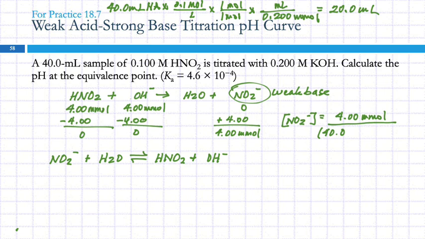40 milliliters plus 20 milliliters. So that's 60. 4 divided by 60, 0.0667 molar.